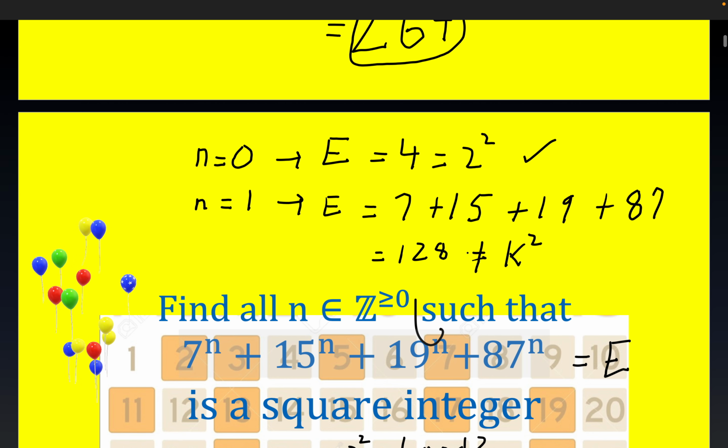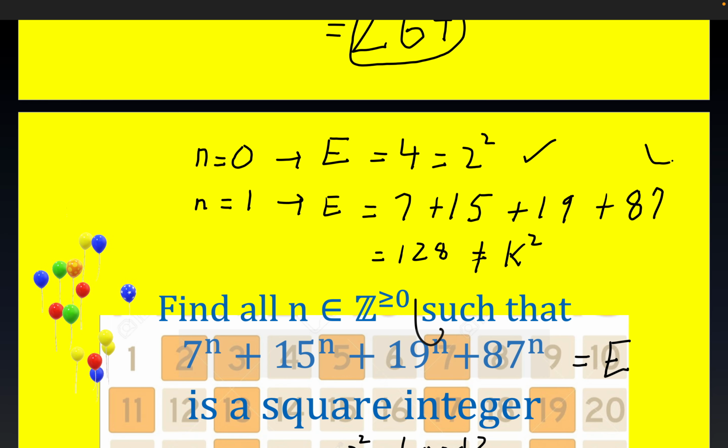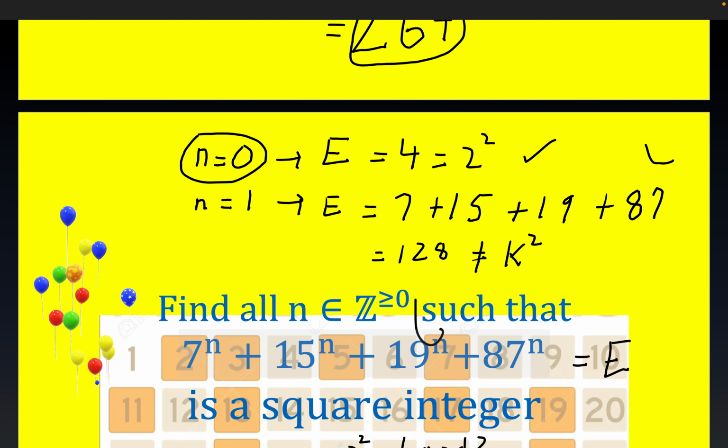And then in the n equals 1 case, we didn't get a perfect square. Okay? So that does it, folks. That says that's it. Find all n: n equals 0 is the only one that meets the description.